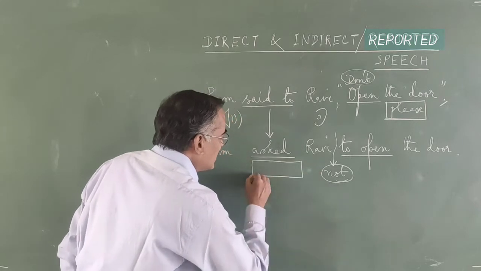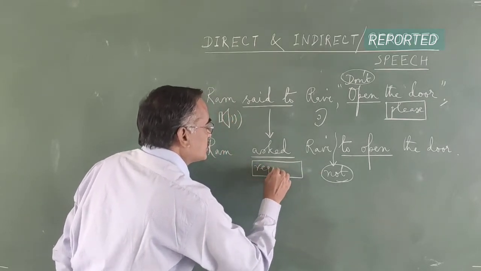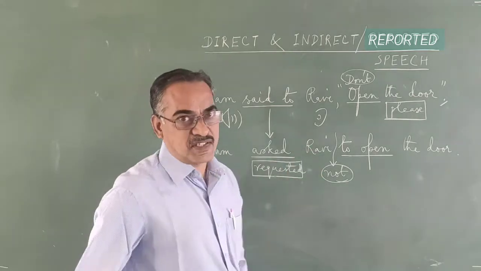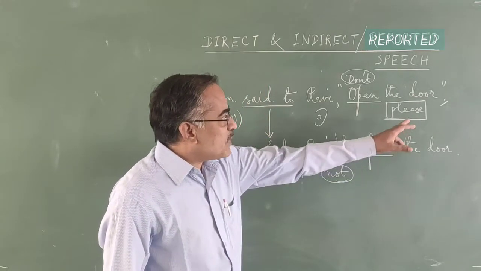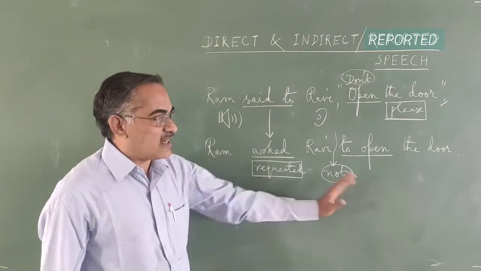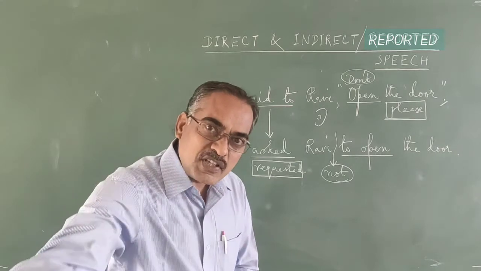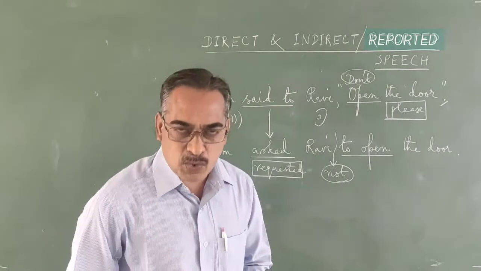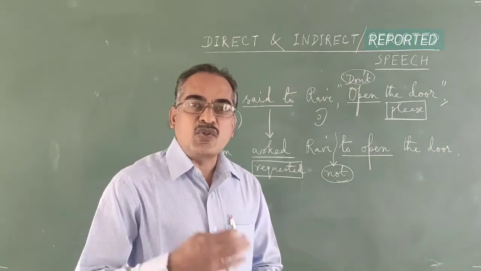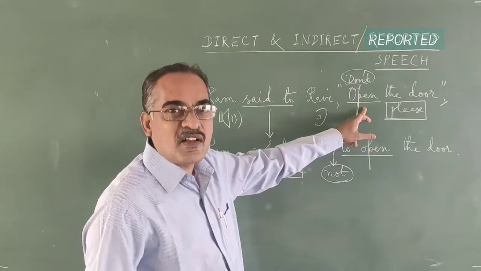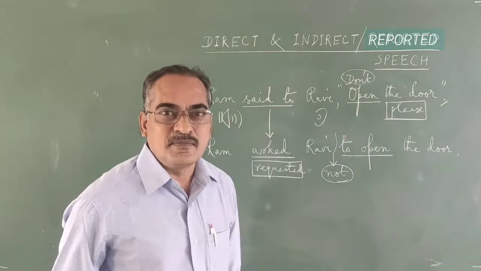Instead the word requested is used because please indicates request. So if you find the word please there, you have to write like this: Ram requested Ravi to open the door or not to open the door. To open or not to open depends on whether it is just open here or don't open.